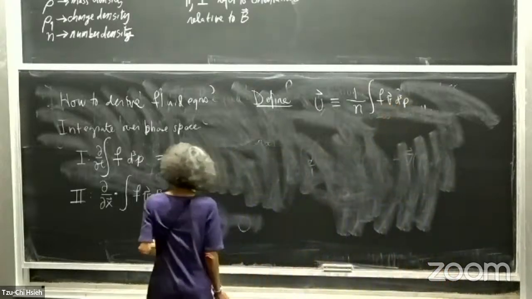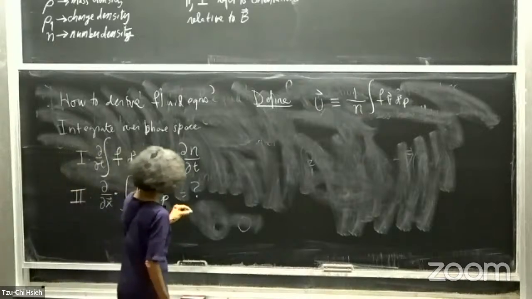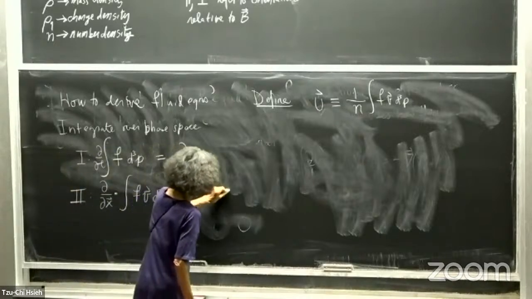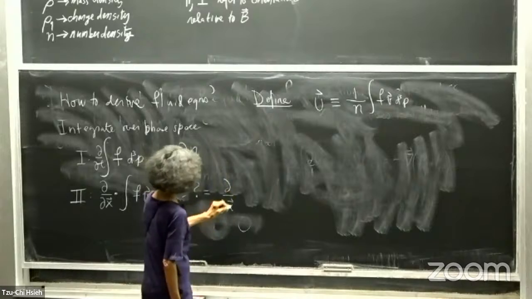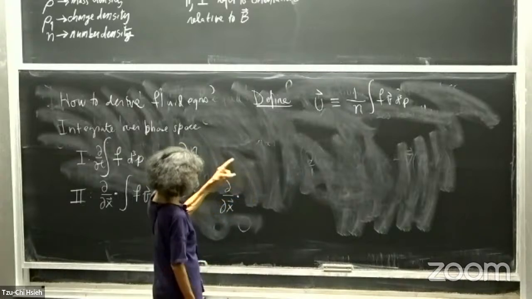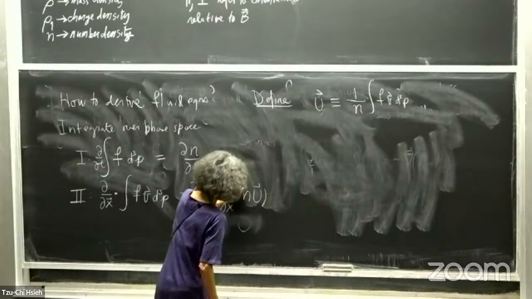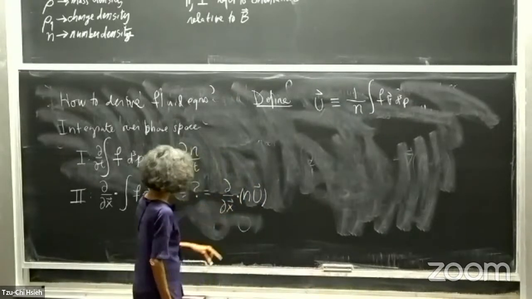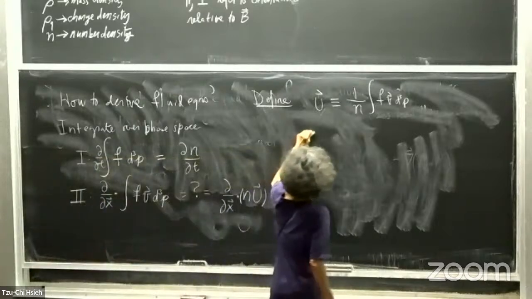Okay, so then this becomes d by dx dotted with, well, fv is nu. Okay, that's term 2. What about term 3?